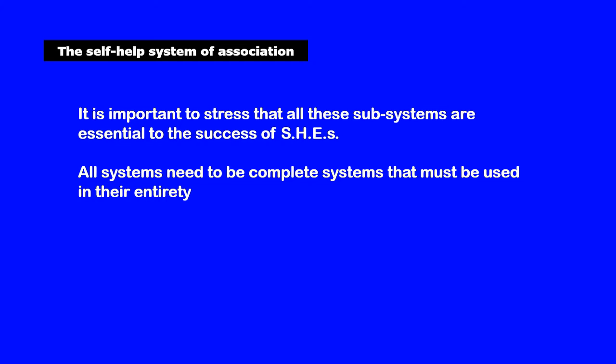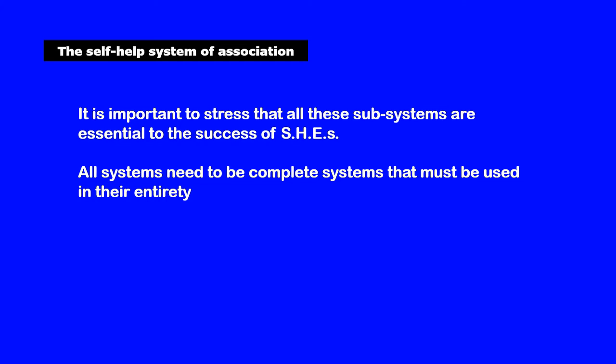It's also essential to appreciate that all the systems that make up the overall self-help enterprise model are interdependent. This means that the successful implementation of the system of association relies upon the system of organization, the economic system, and the management system, all these being simultaneously put into operation.